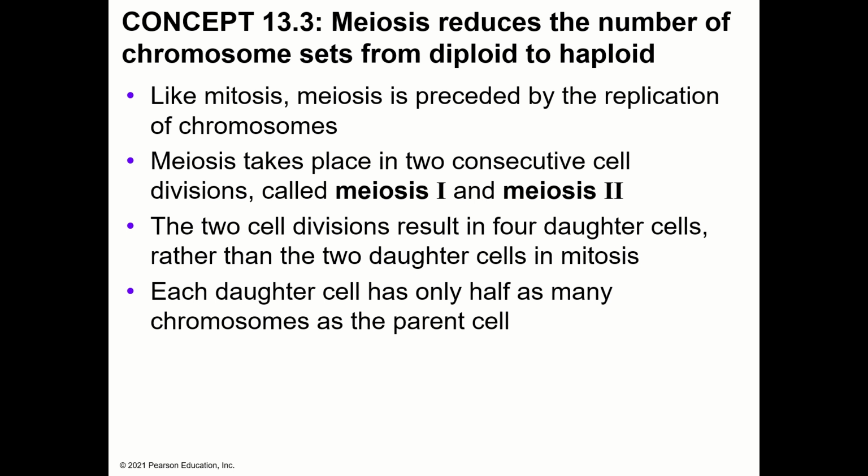Or, the 2 cell divisions of meiosis result in one parent dividing into 4 daughter cells, while in mitosis the parent cell only breaks up into 2 equivalent daughter cells. Each daughter cell has only half as many chromosomes as the parent cell after Meiosis II is finished.